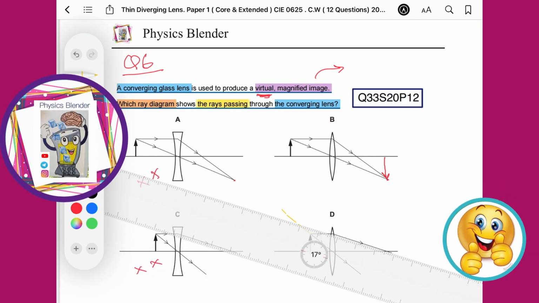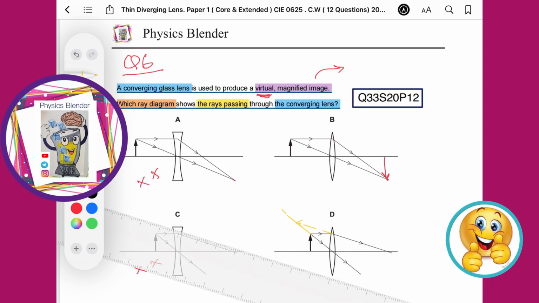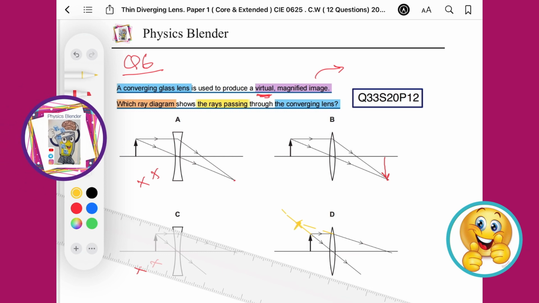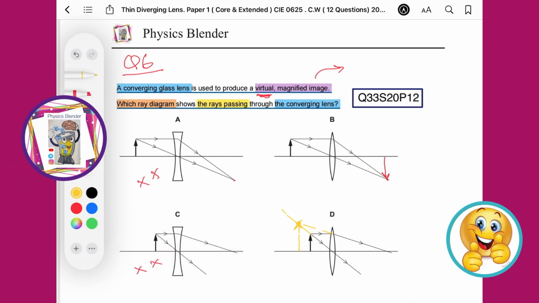Its extension also should be drawn where they intersect. This is where the image is formed.